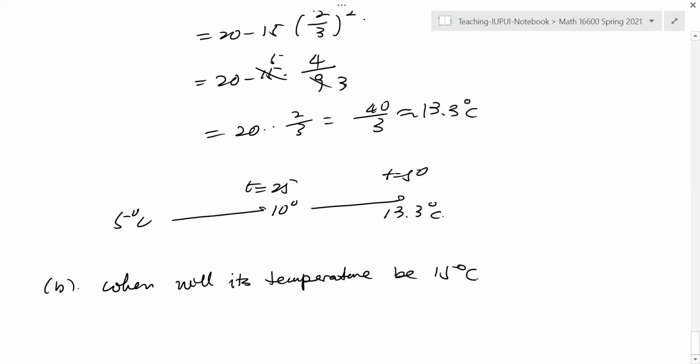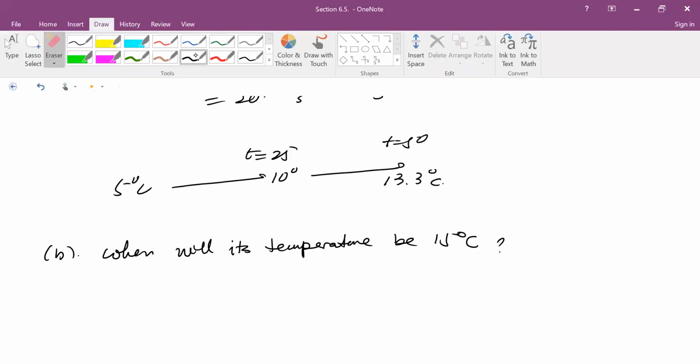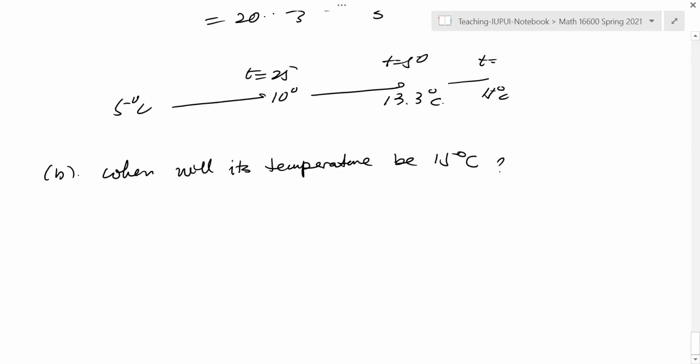I think it should be somewhere here, much further along, so it takes much longer. Why do we need a picture here? Because 15 degrees is somewhere here, then t must be larger than 50 minutes. If you get numbers smaller than that, it's wrong. So it should make sense.